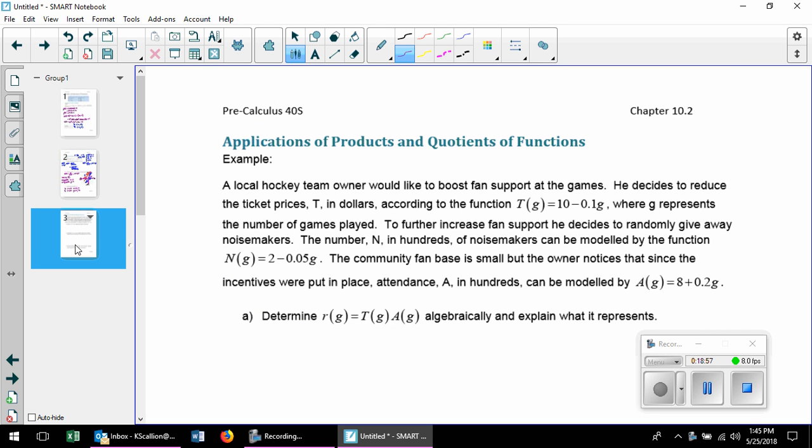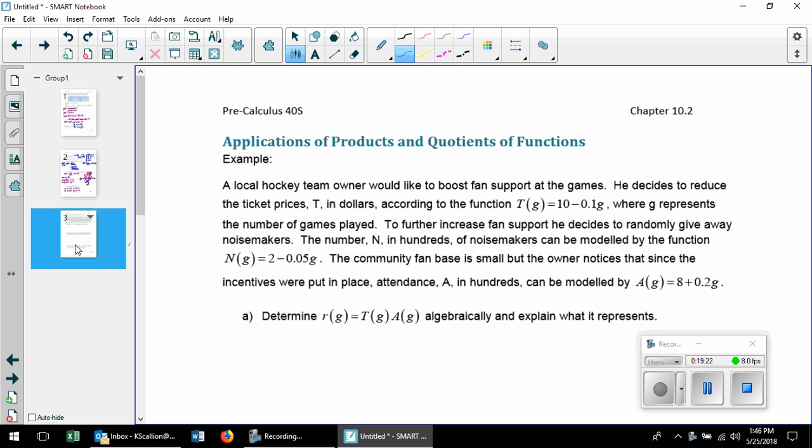Word problems. Okay. A local hockey team would like to boost fan support of the games, so they decide to reduce ticket price T in dollars according to this function, where G represents the number of games played. To further increase fan support, they decide to randomly give away noisemakers. The number N in hundreds of noisemakers can be modeled by the function.